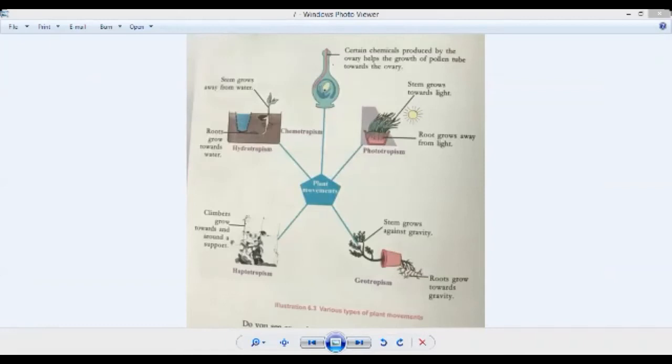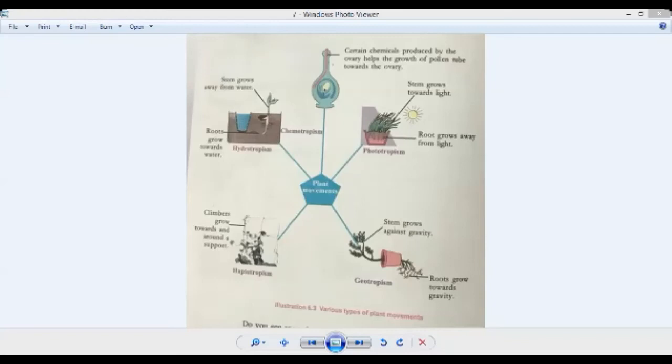Then certain chemicals produced by the ovary help the growth of the pollen tube towards the ovary. In your 8th standard, you have studied about fertilization in plants. At that time, when a pollen grain falls on the stigma of a flower, the pollen tube is developed. And this pollen tube is developed towards the ovary because of the production of certain chemicals.